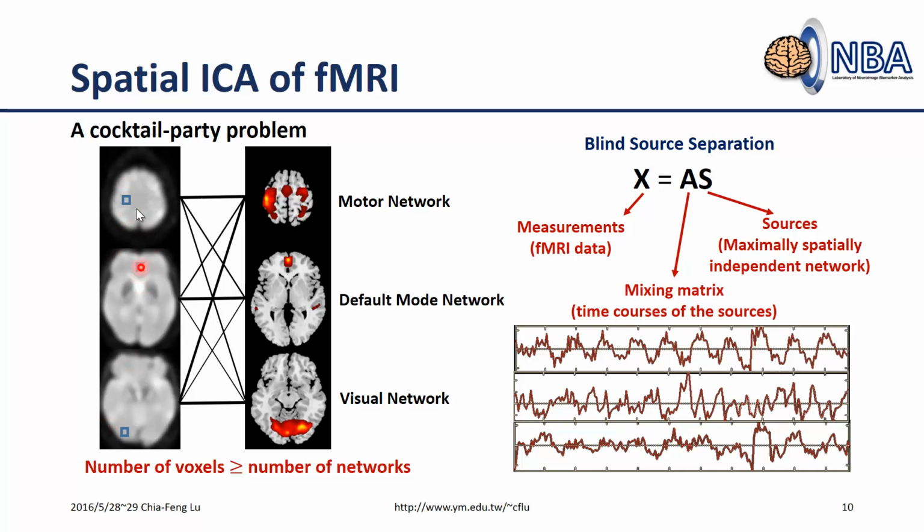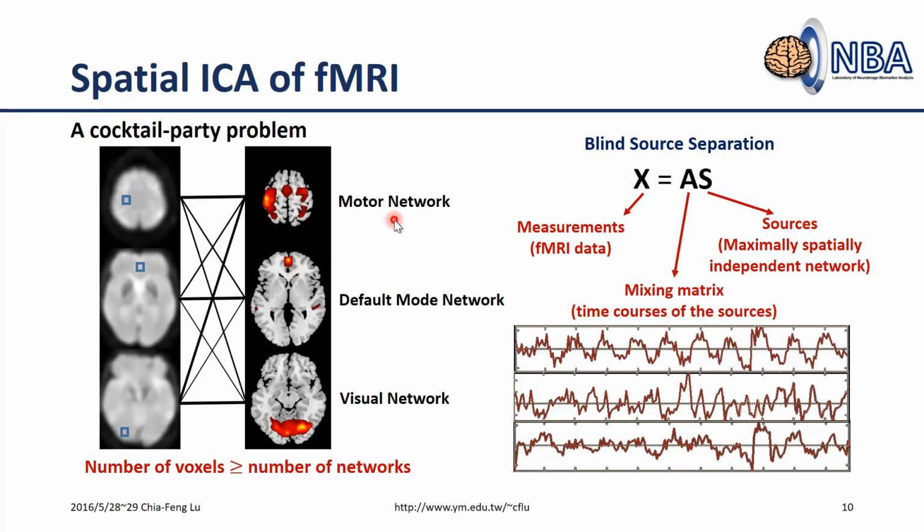So now we have plenty of measurements. We may have over 10,000 voxels within an fMRI imaging dataset, which means we have over 10,000 measurements. Of course, the measurement now is the BOLD signal. And what we'd like to do is reconstruct the sources. But now the source is the brain network.